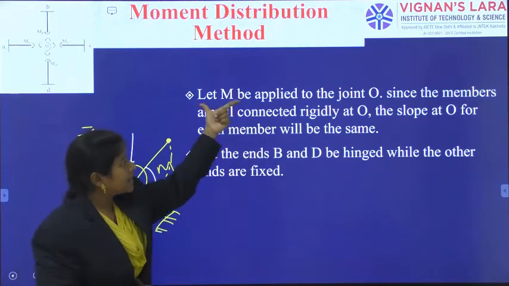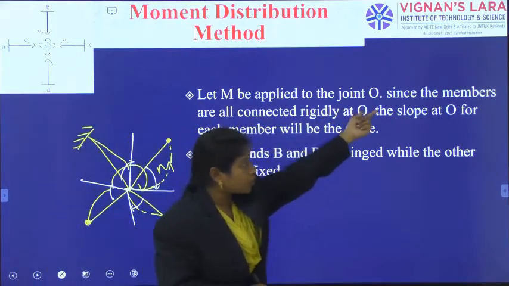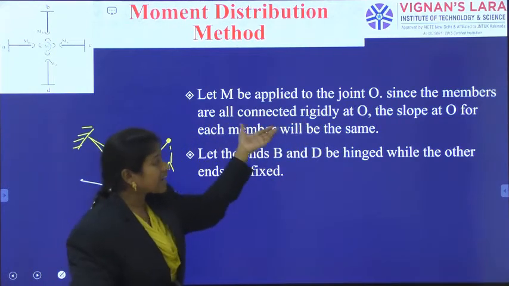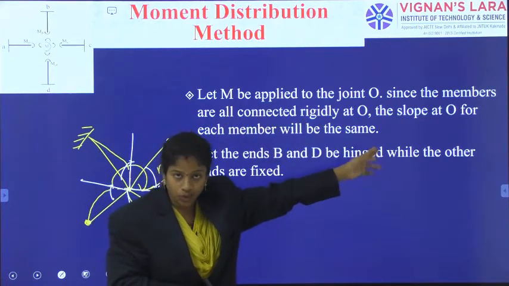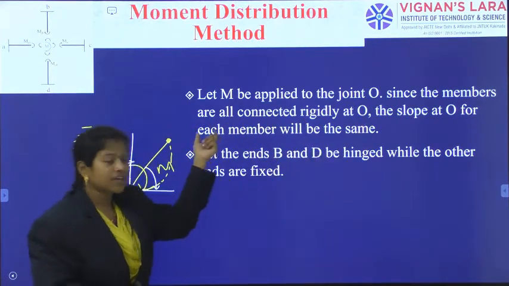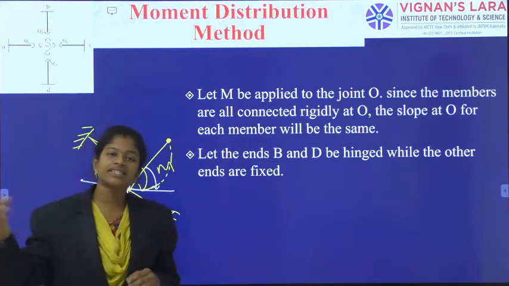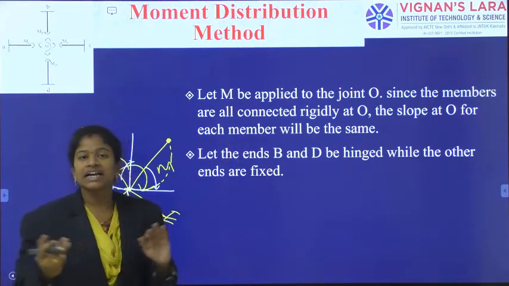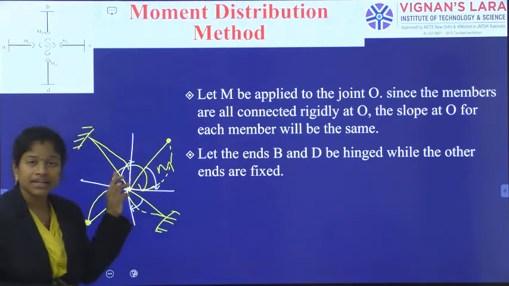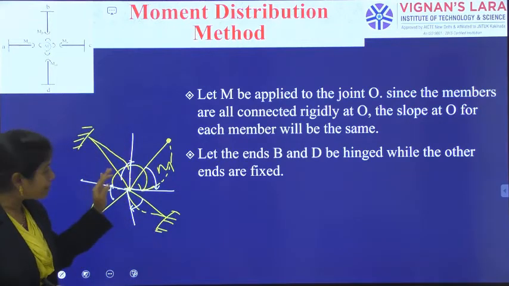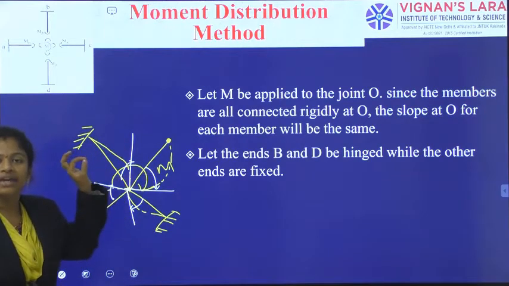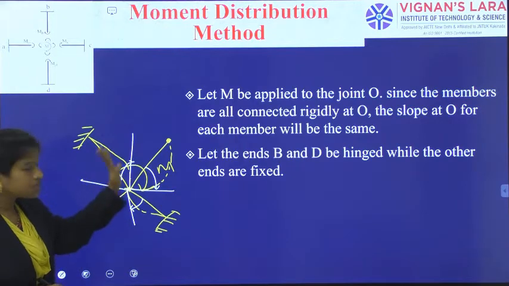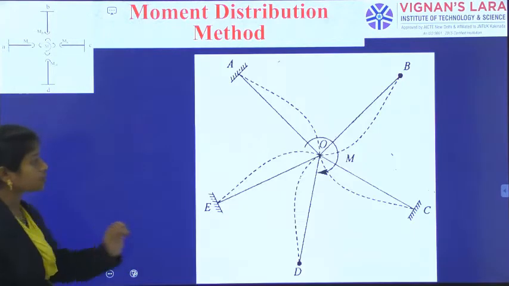Okay, so let M be applied at joint O. Since the members are connected very rigid to joint O, the slope at O for each member, however is the length of the member, however is the condition of that particular segment, but the slope of that particular member at the joint O will be equal. Okay, so each member will show the same slope.